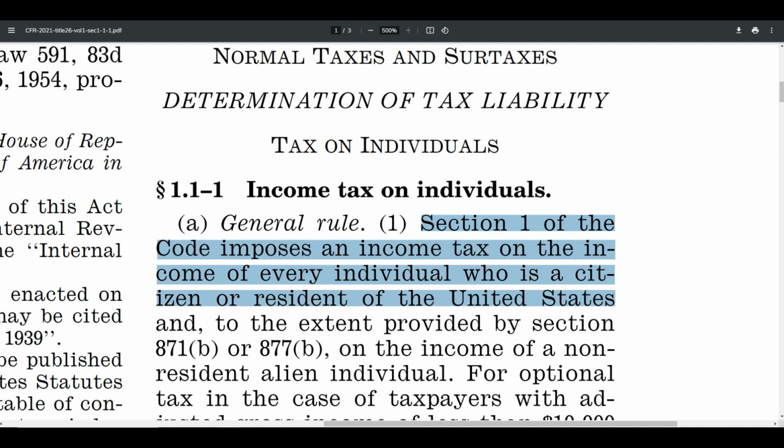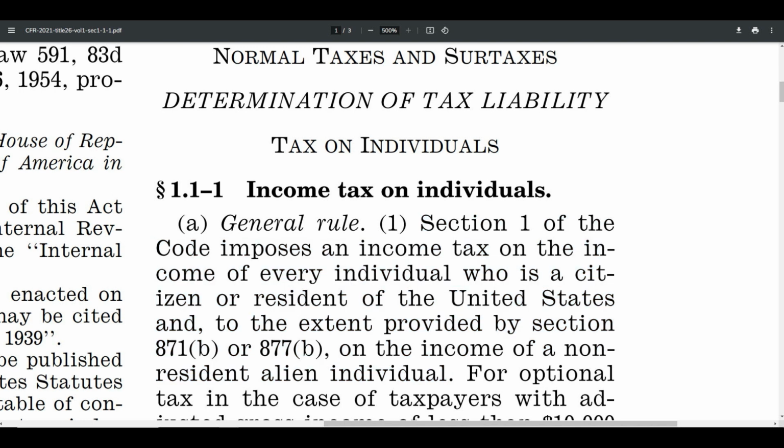That's the key term. And to the extent provided by Section 871(b) or 877(b), on the income of a non-resident alien individual. Now, let's go and see what this term United States, which is so key, means.